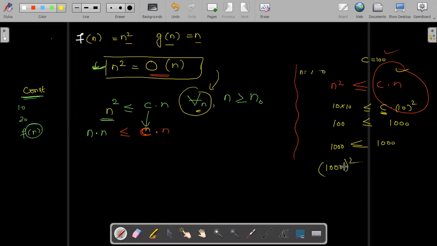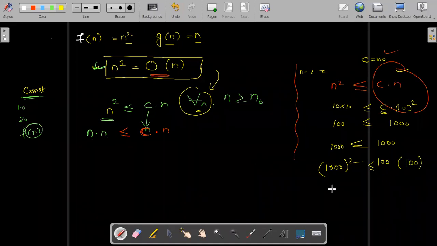When n is equal to 1000, it will become 1000 square. After that, less than or equal to, with n value 100, please check, 100 into 1000. Where will it go? It will go somewhere, yes or not?